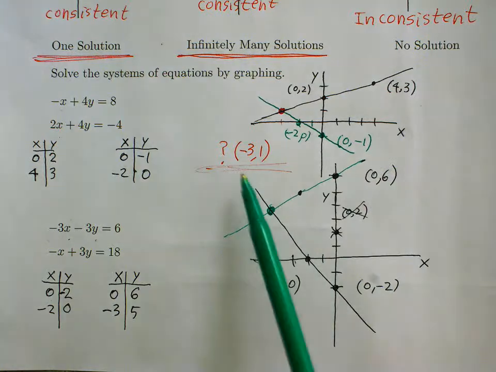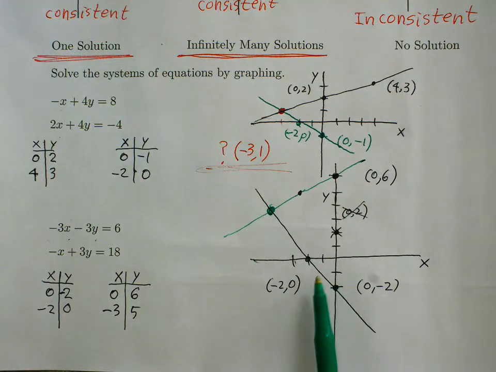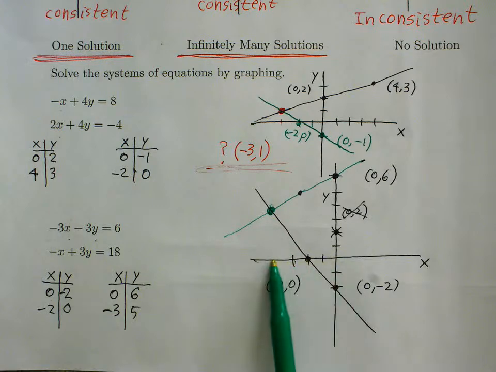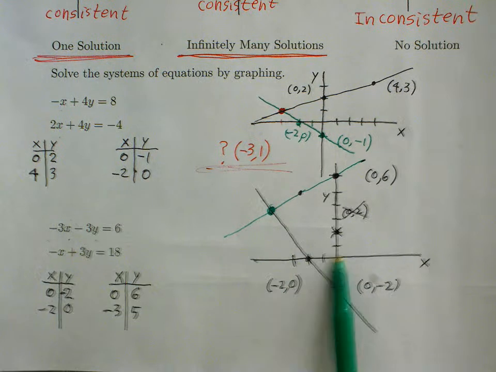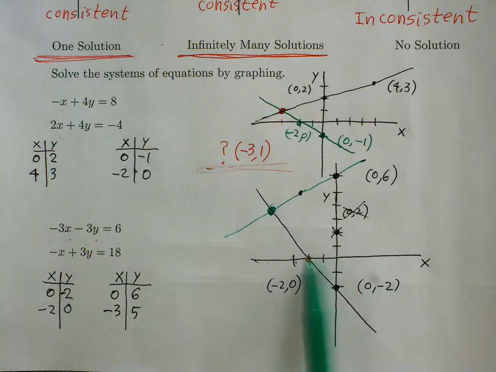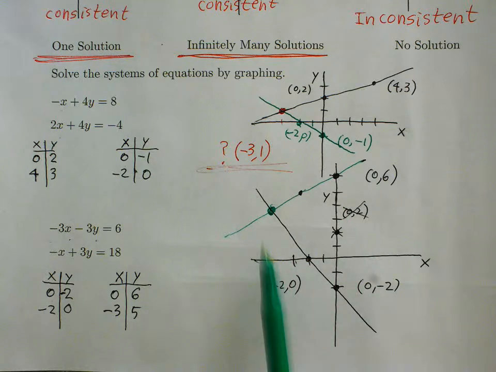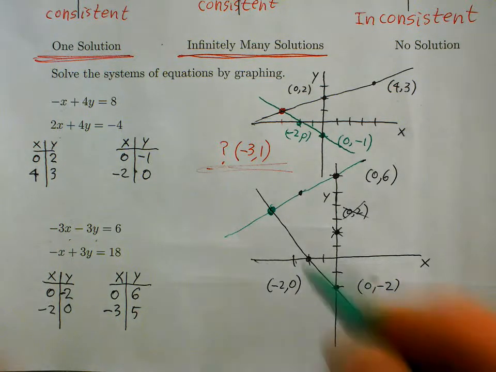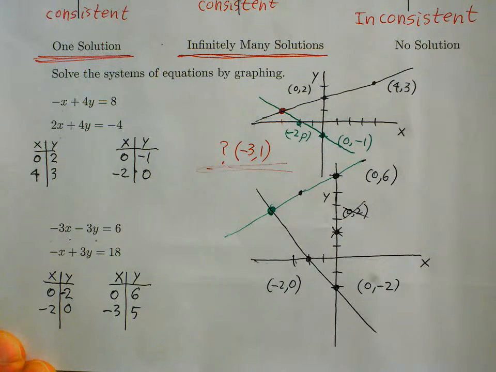But my graph, even though I tried to be somewhat accurate, is still a little fuzzy. It looks like maybe (-4, 4), so I'll put that as a question mark.